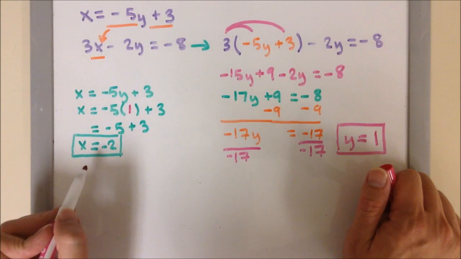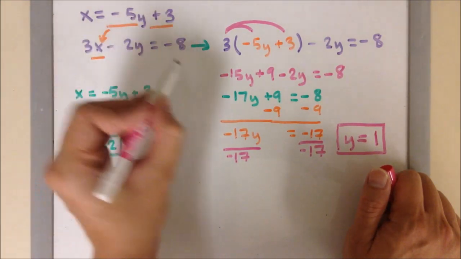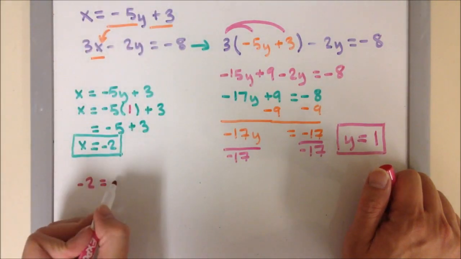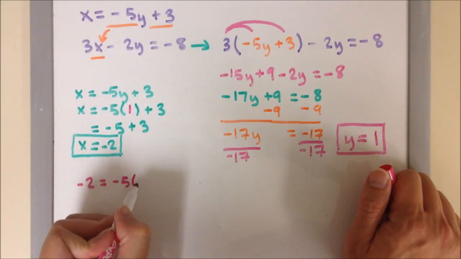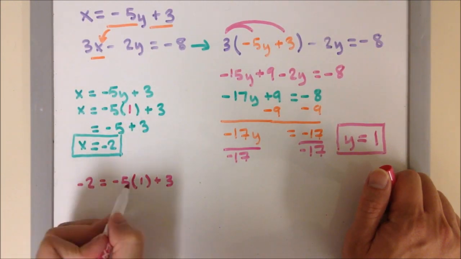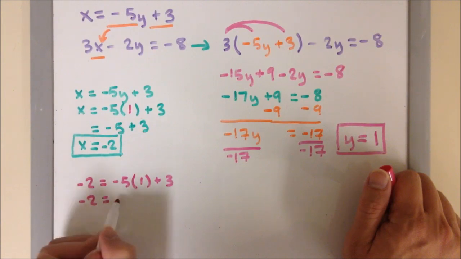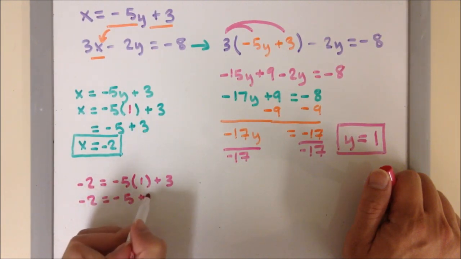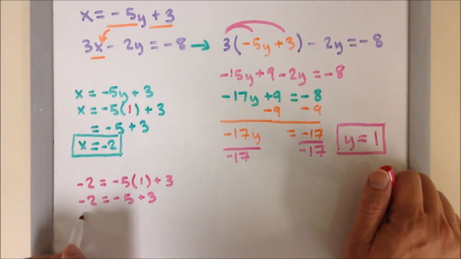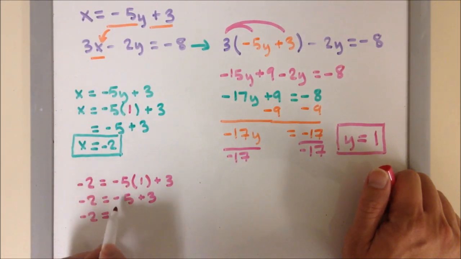I'm plugging negative 2 into x and 1 into y. Here I simplify negative 5 times 1, that's negative 5 plus 3. The left side stays the same because it's a single number. Negative 5 plus 3 is negative 2.